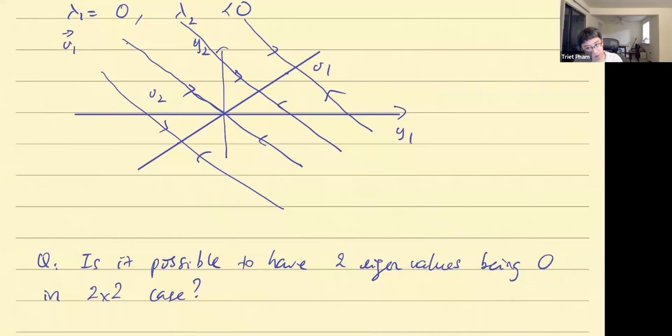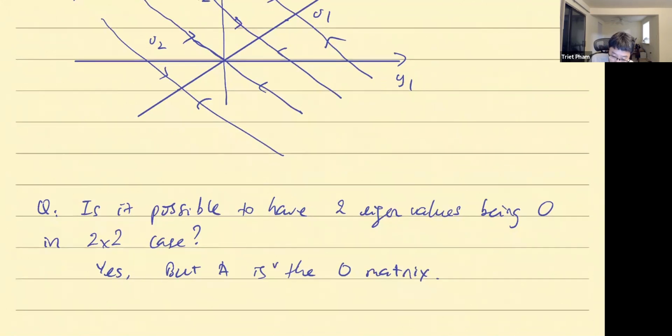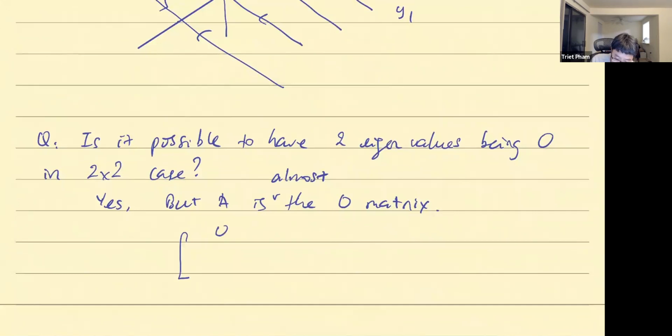Well, yes, it's not a no, but what would the matrix be in that case? Correct. So we don't discuss that exactly. It's a 0 matrix, or almost, because you could have this case like 0, 0, 0, 1 or something like that.